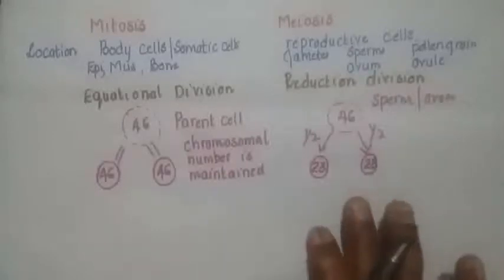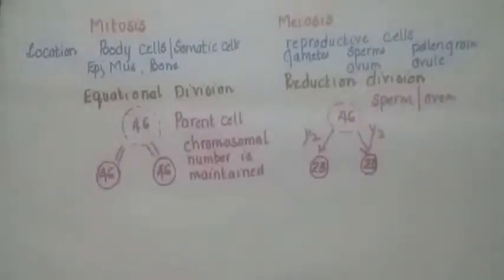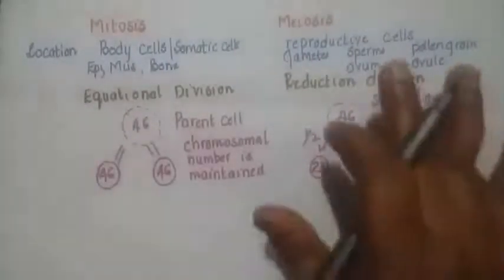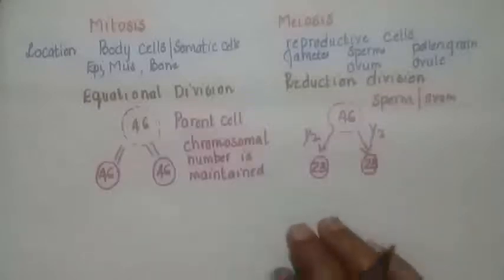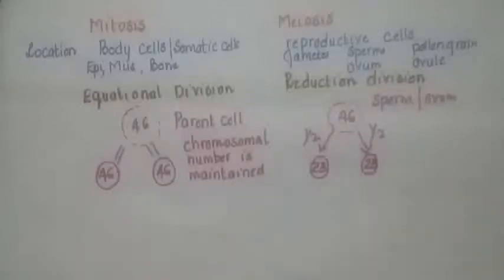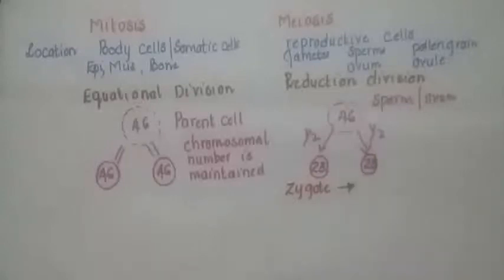Then, why does meiosis occur in the reproductive cells? Why does it occur in the formation of gametes? Now, we know that to form the zygote, when a zygote is formed, what is the meaning of a zygote?